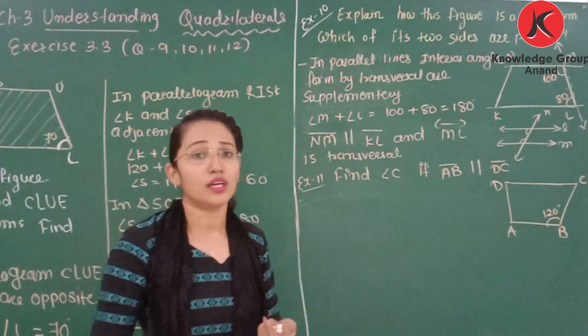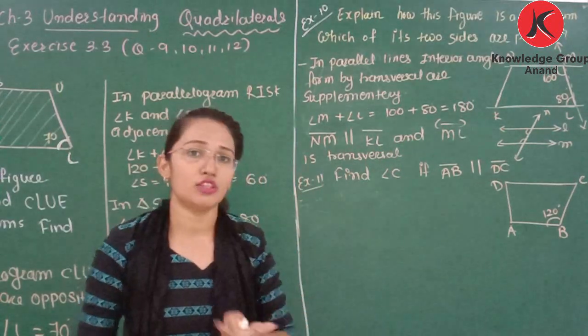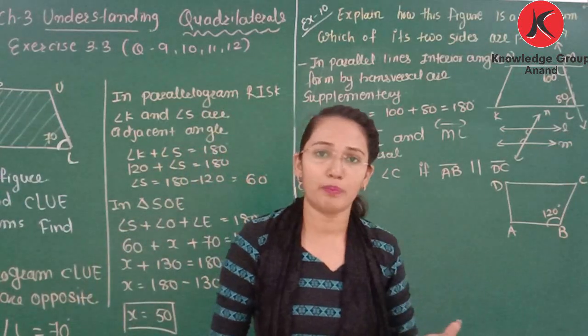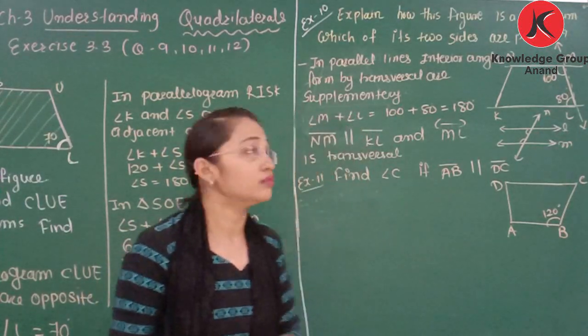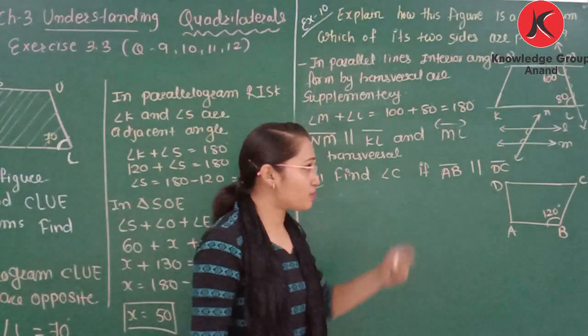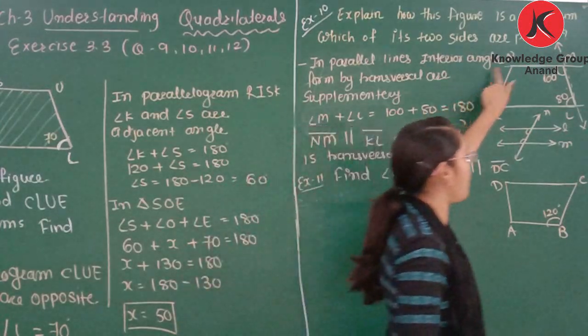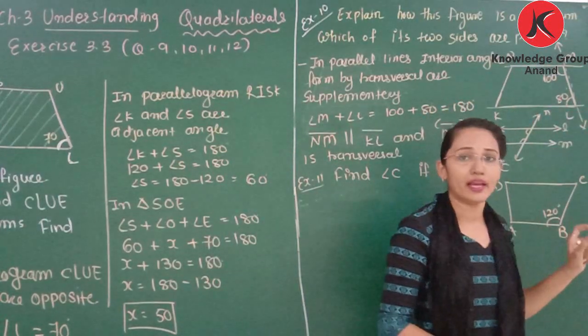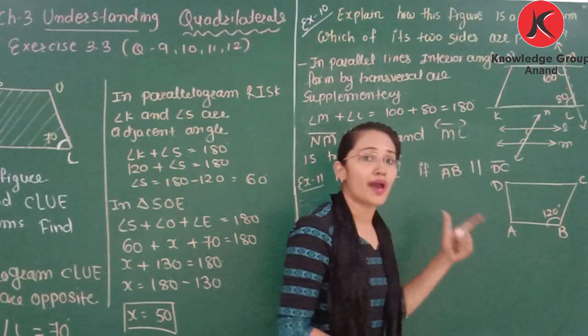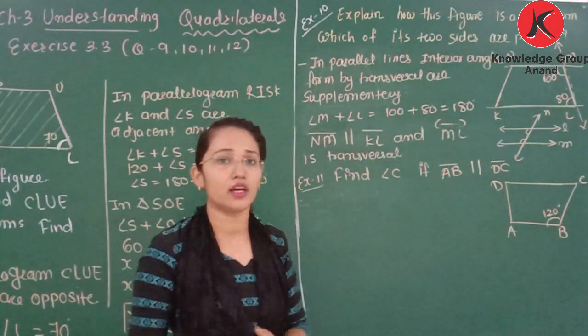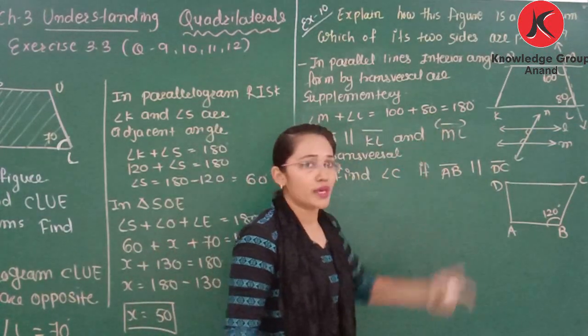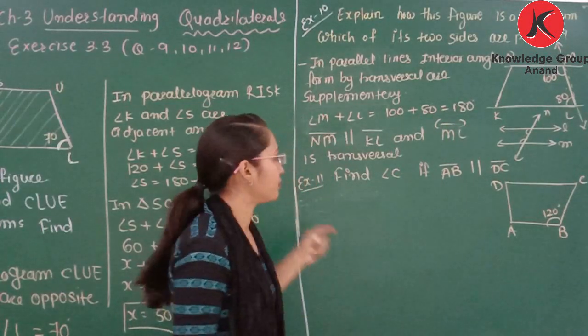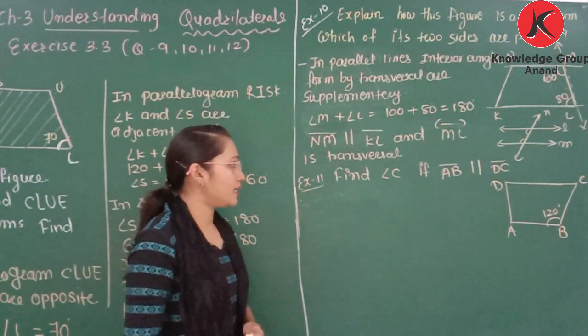What we have to prove is that the two lines are parallel. If we prove that the two lines are parallel, then it is a trapezium. That's why we found that MN and KL are parallel. How? By applying that interior angles made by a transversal are supplementary. Clear?